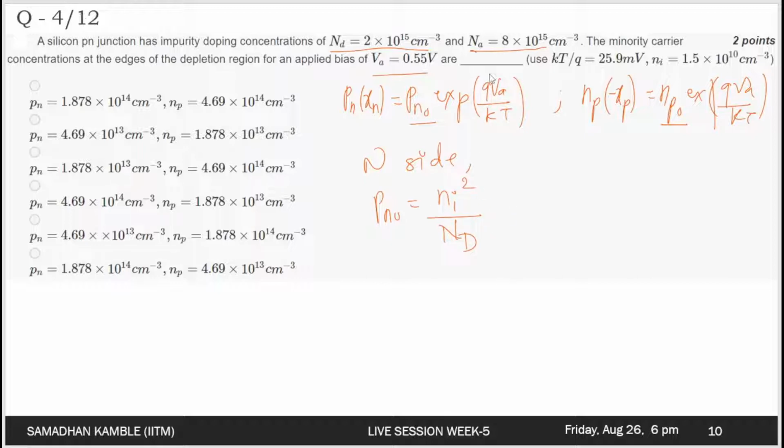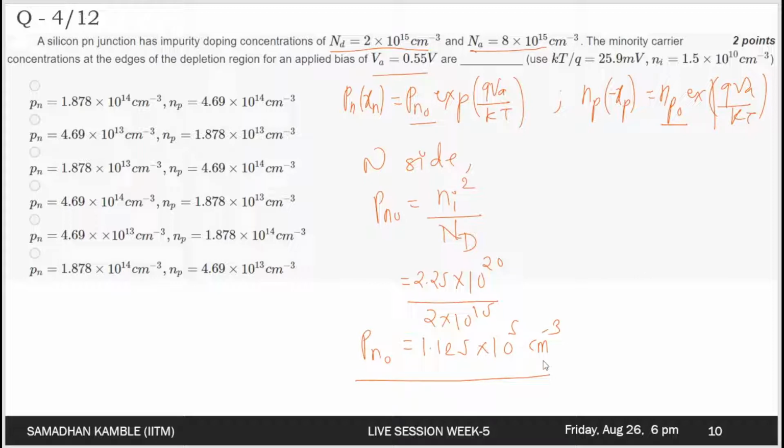If we substitute the values, 2.25 times 10 to the power 20 divided by the donor concentration 2 times 10 to the power 15 will give you the value of Pn naught as 1.125 times 10 to the power 5 per centimeter cube.